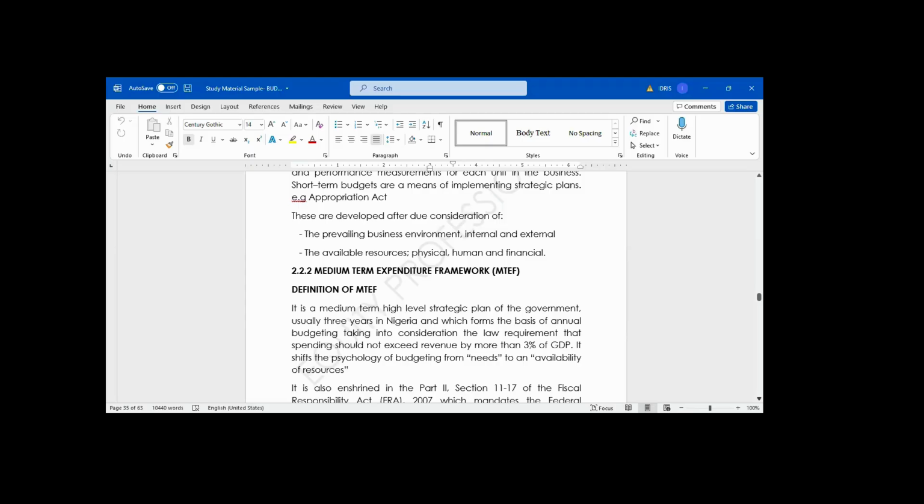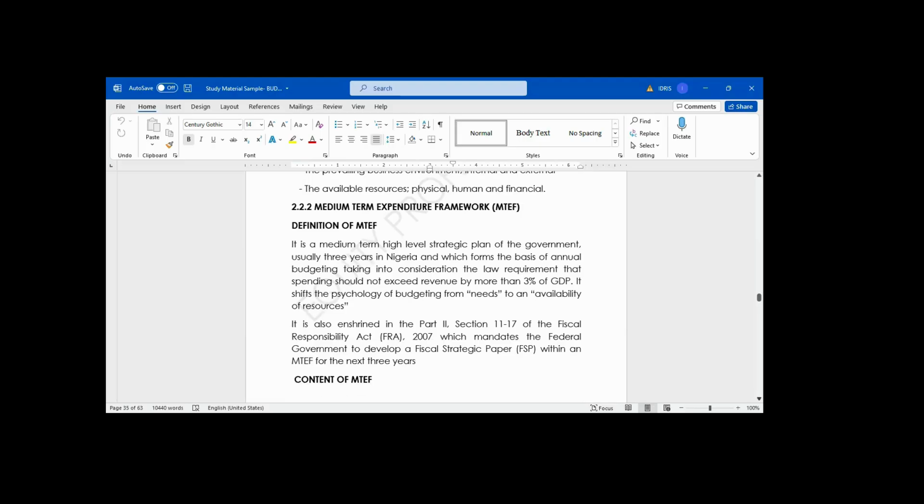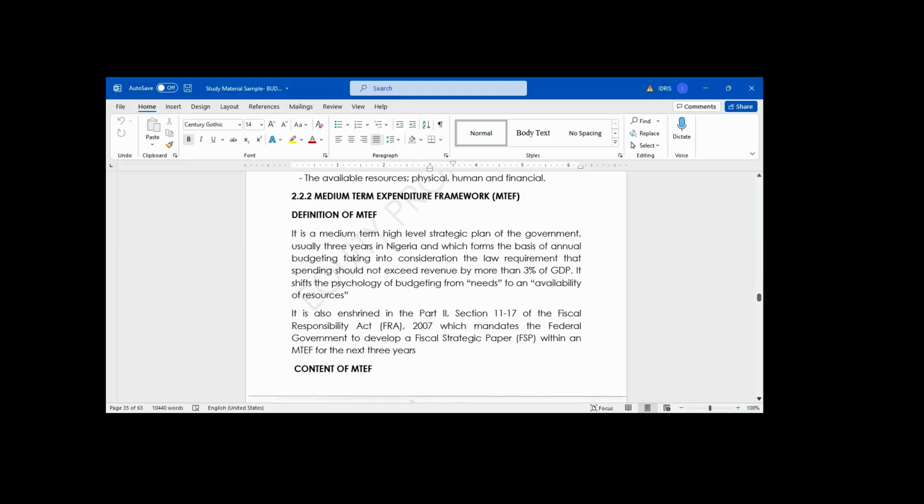It must be prepared in line with Section 11 to Section 17 of the Fiscal Responsibility Act 2007. It shows the projection of government revenue and government expenditure for the next 3 years. That is what a medium-term expenditure framework is about.